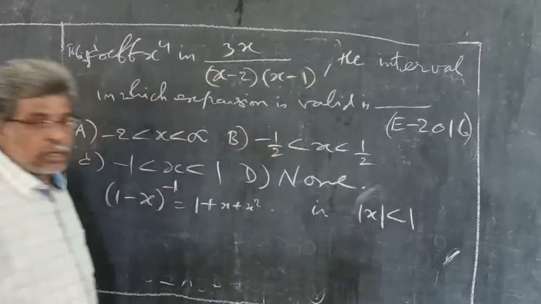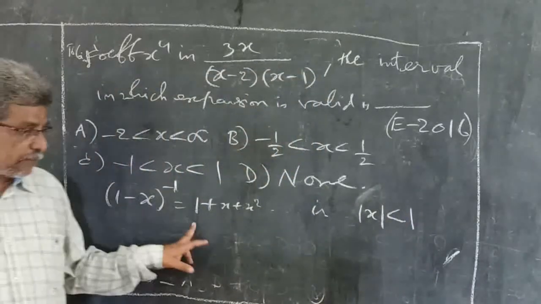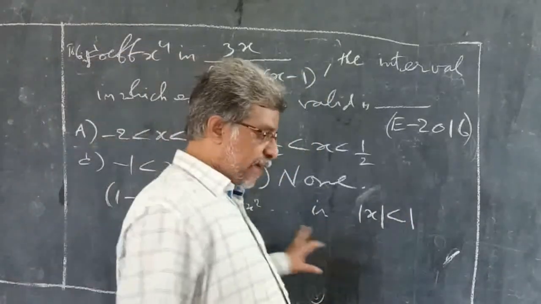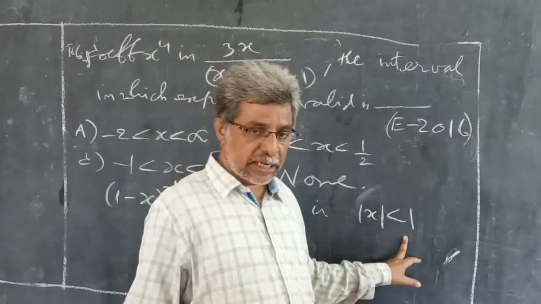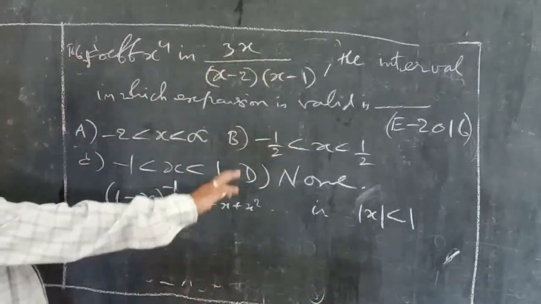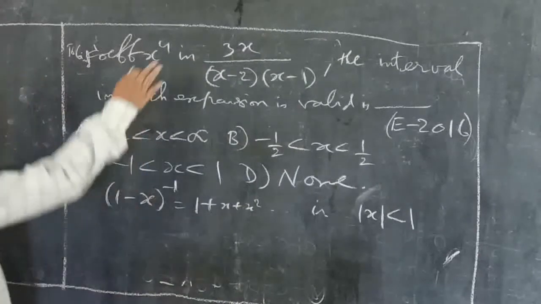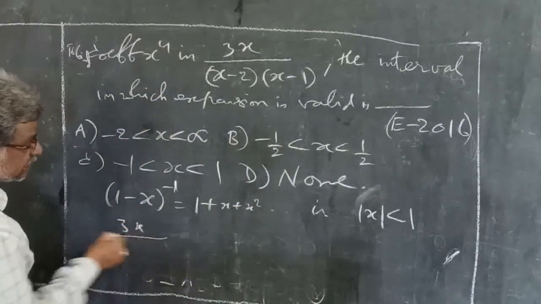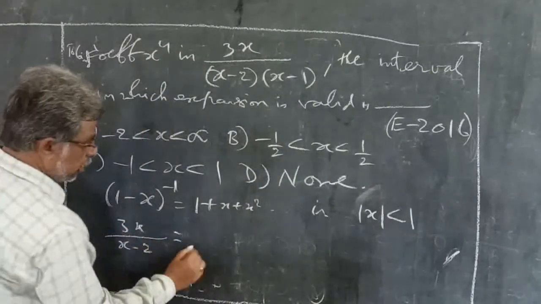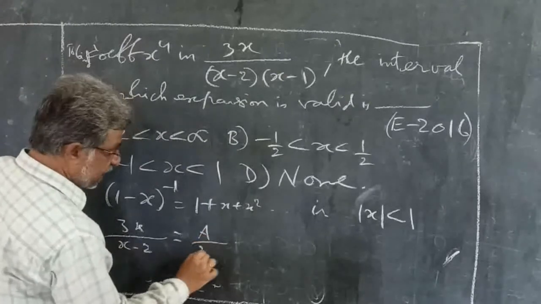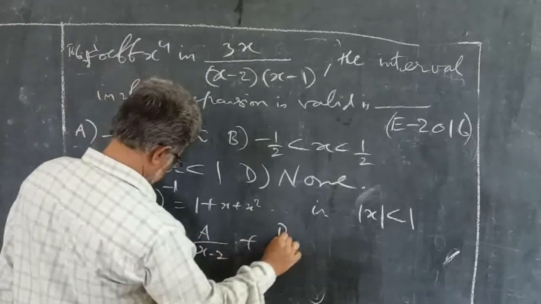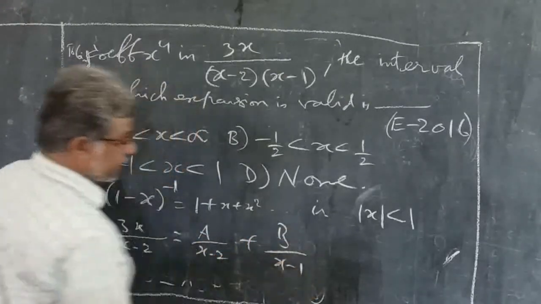While explaining the proof, I told you this is valid only if mod x is less than 1. So he is asking about this value. Coming to this, the given expansion 3x by x minus 2 you can write as a by x minus 2 plus b by x minus 1.